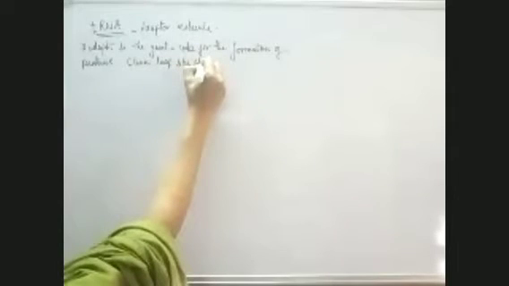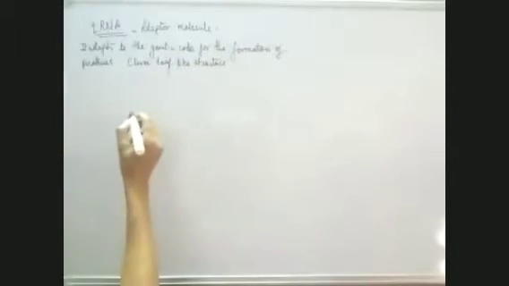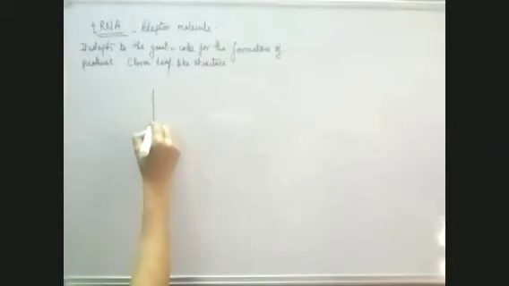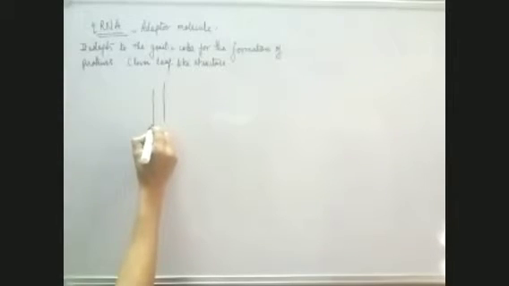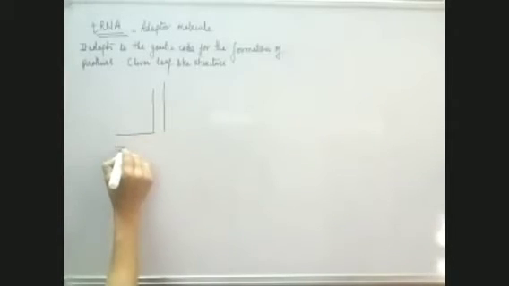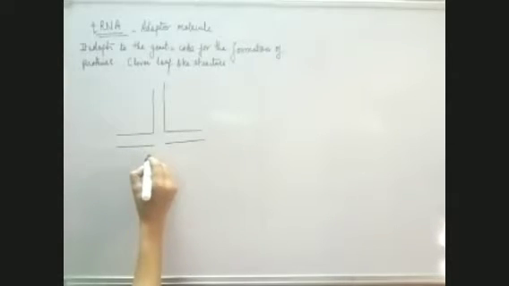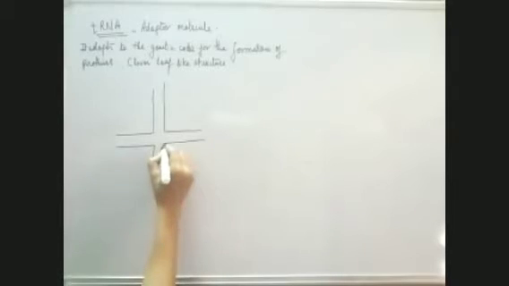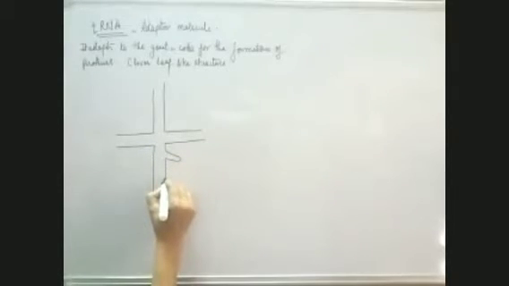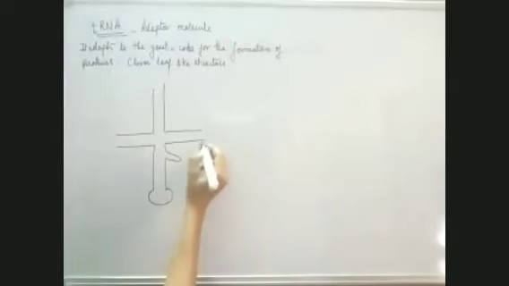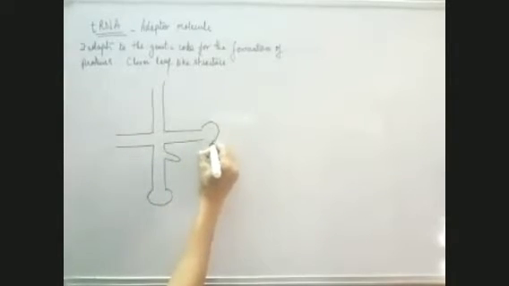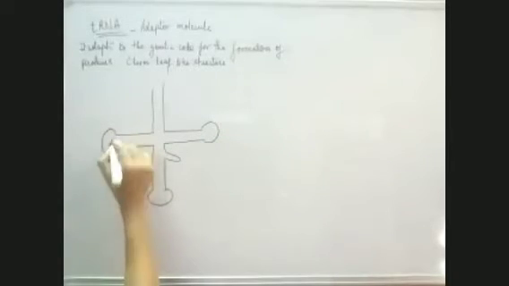So when you see it, how does it appear? It appears to be like this. So it has the 4 sides.